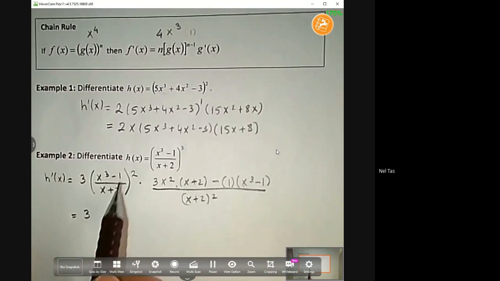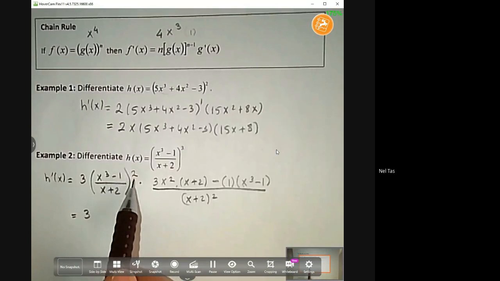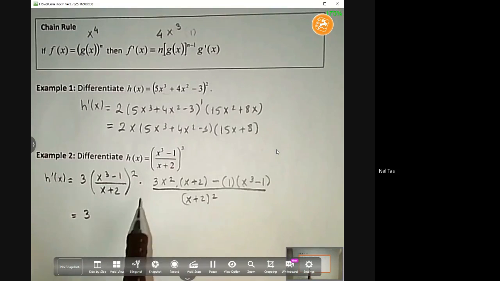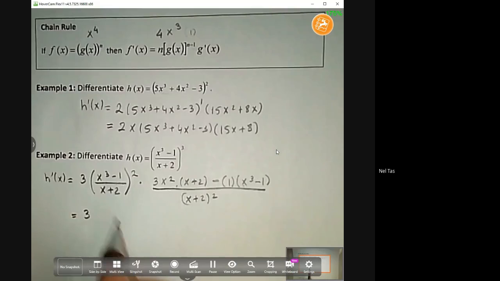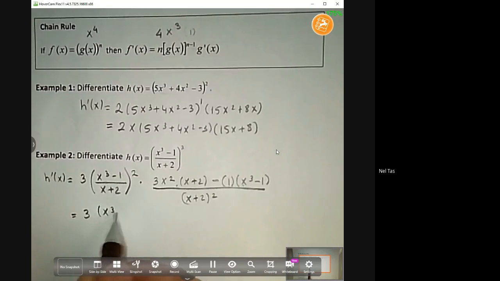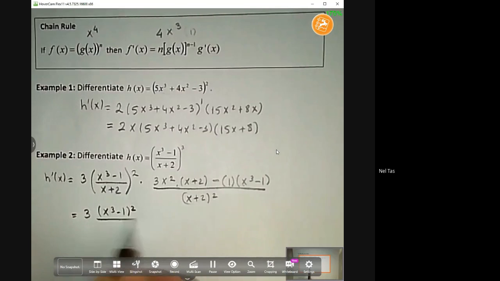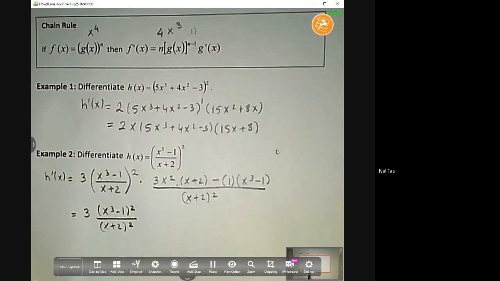As I do that, I'm also going to distribute that exponent to the numerator and denominator, because I will need to put together these two denominators. So this gives me x cubed minus 1 squared over x plus 2 squared.